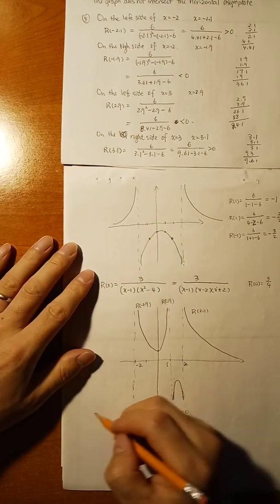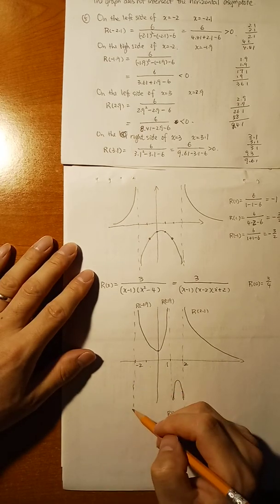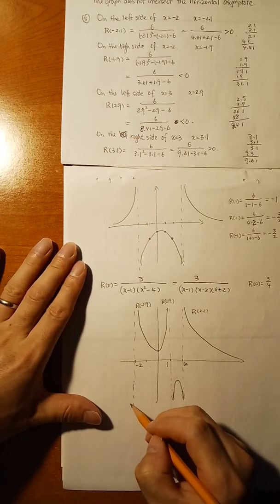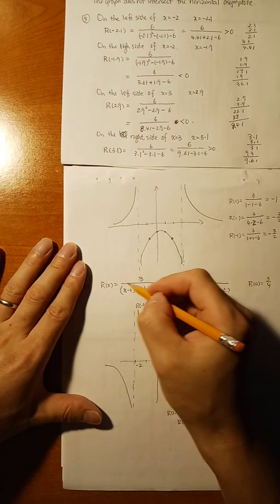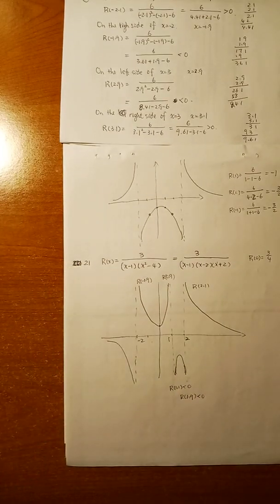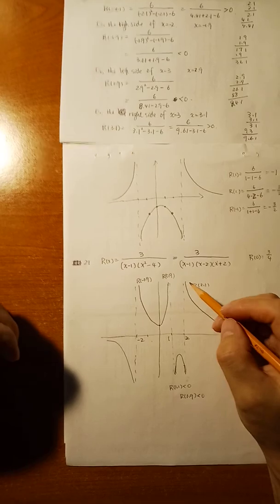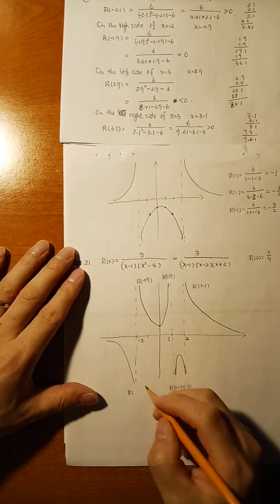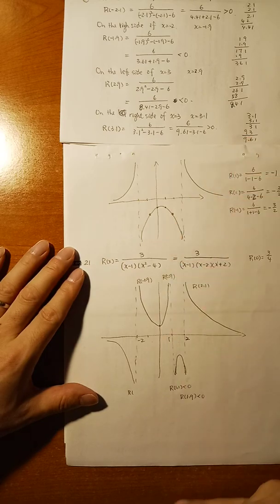And then on the left side of x equal to -2 it is negative, and the graph does not cross the x-axis, so it looks like this. So just check different values and make the graph either approach positive infinity or approach negative infinity.